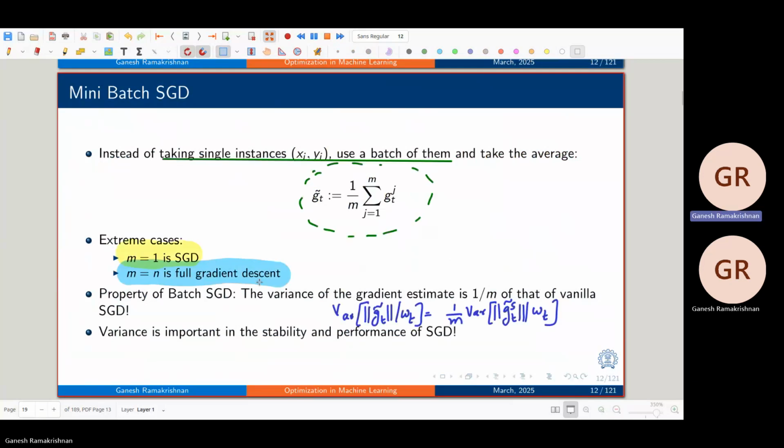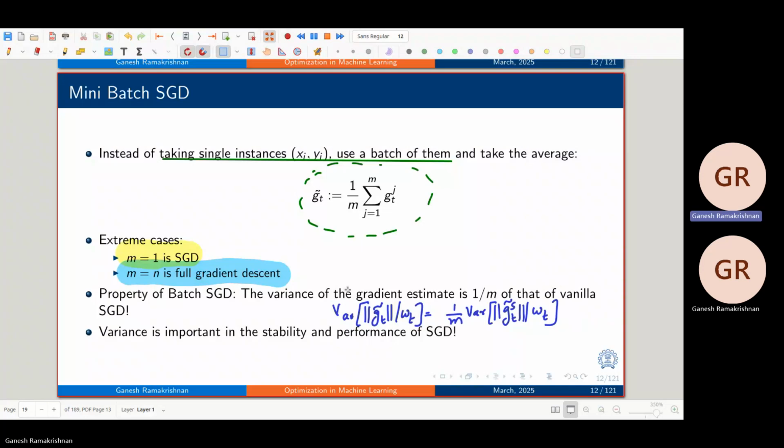The left hand side is the complete estimate, g t tilde, and its variance is 1 upon m times the variance you would get through vanilla stochastic gradient descent. This is a useful thing.